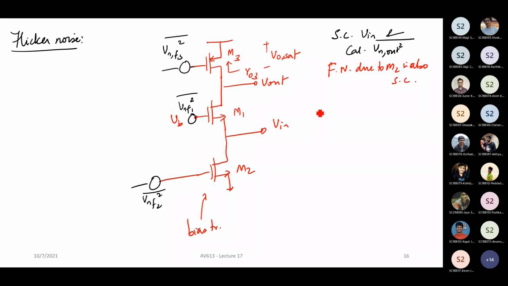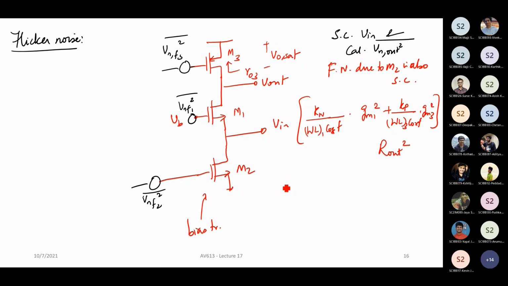So all that you would have is basically, let's say, Kn divided by WL1 Cox F multiplied by Gm1 squared plus Kp by WL3 Cox F multiplied by Gm3 squared. This whole thing multiplied by the output impedance, let's call it R out squared. Okay.